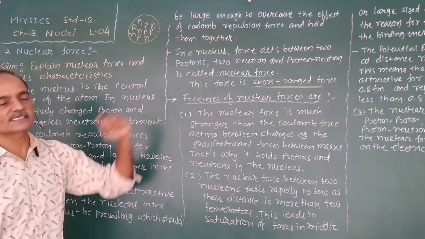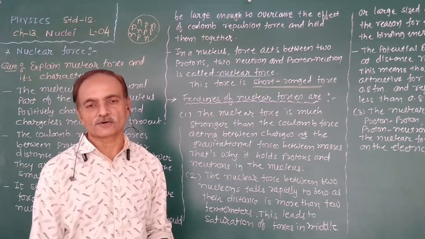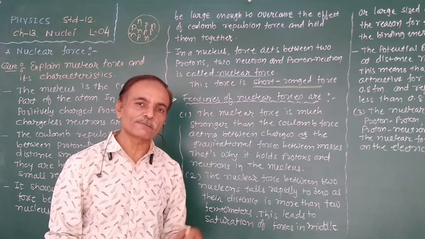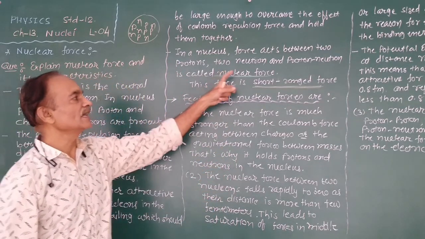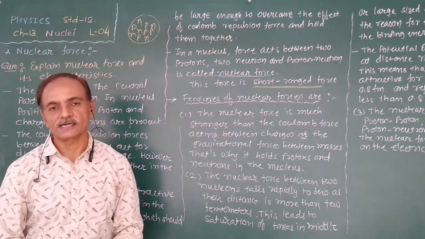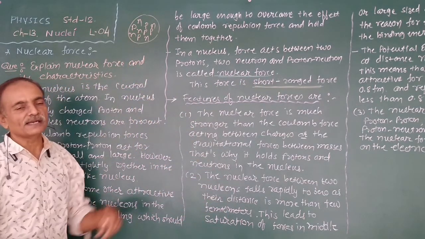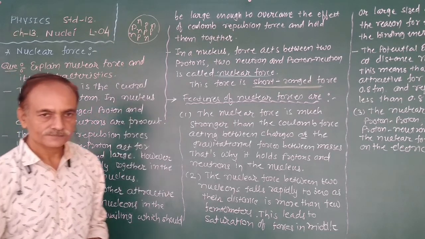This force is a type of attractive force, and it is a short-range force. For this force, there is no difference between the proton and neutron. That means this nuclear force is independent of the charge of the particle. As a result, the proton and neutron are commonly known as the nucleon. Right?